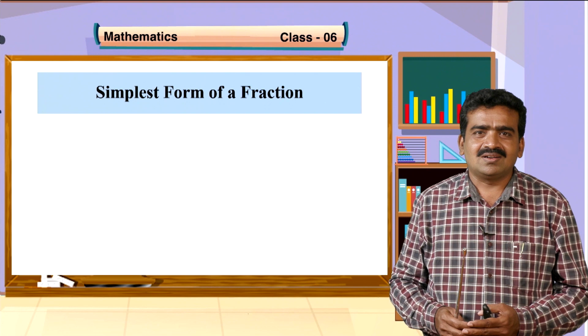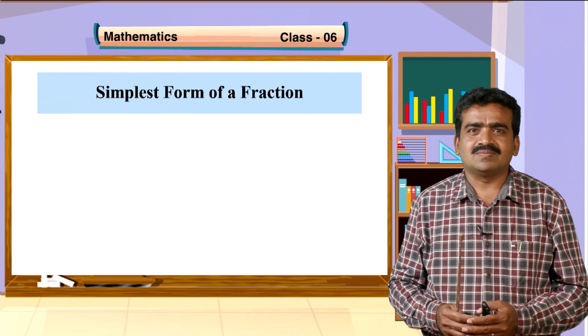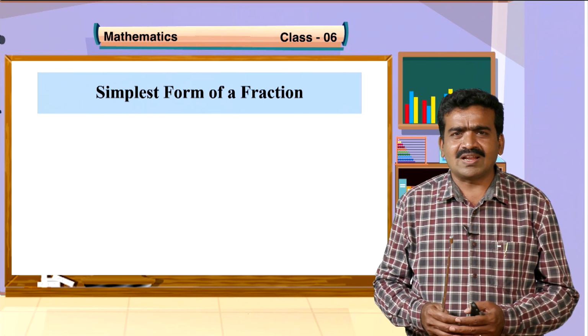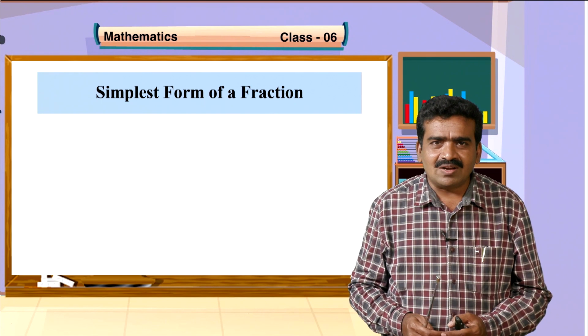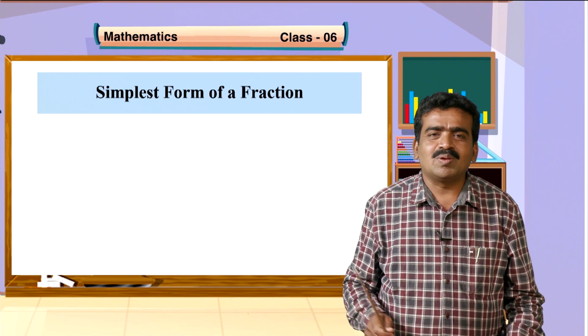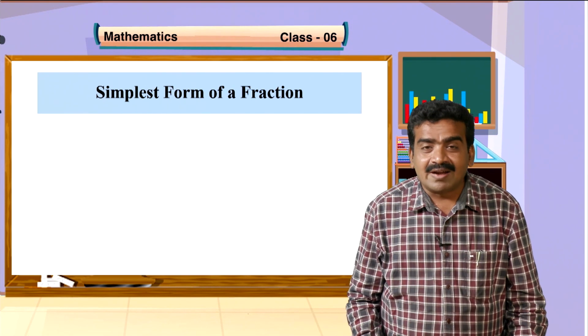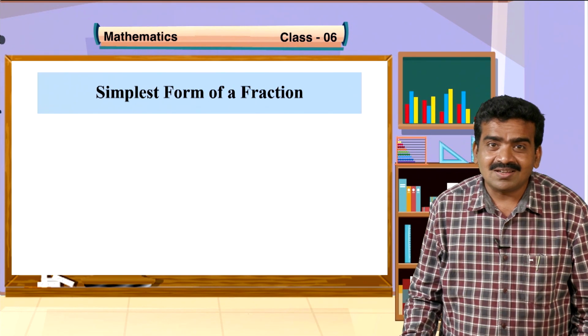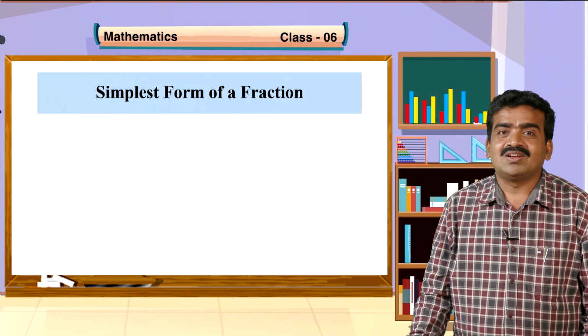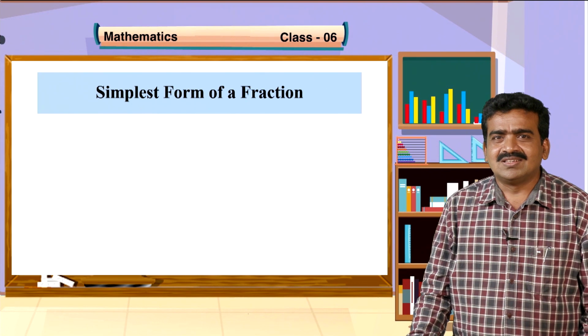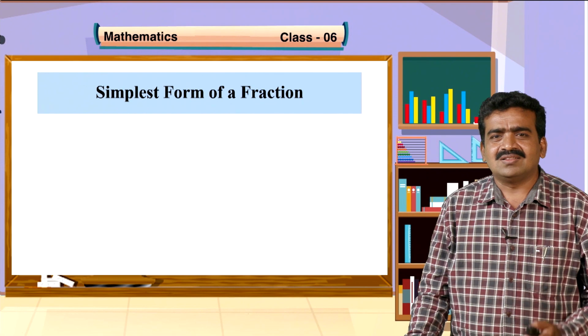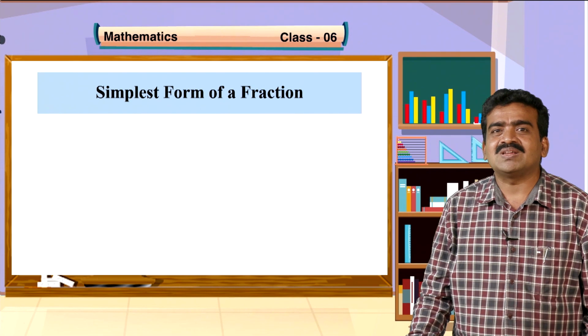My dear student, while learning about equivalent fractions, to obtain the equivalent fractions, you have multiplied the same number for the numerator and denominator, and also you have divided the same number for the denominator as well as the numerator. That is what we call the expression of a fraction in simplest form.